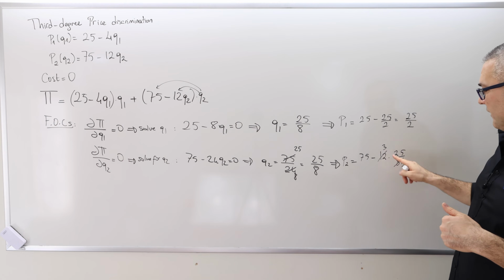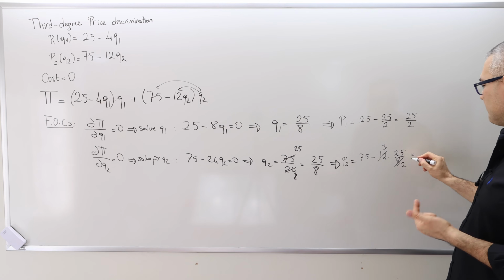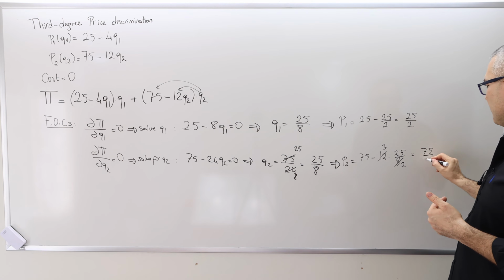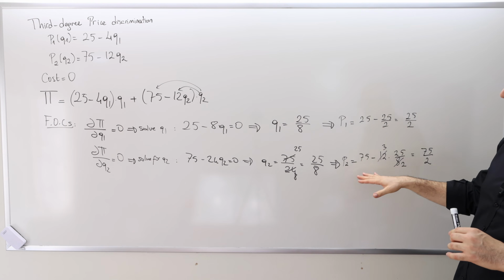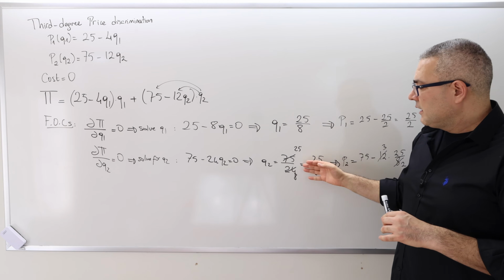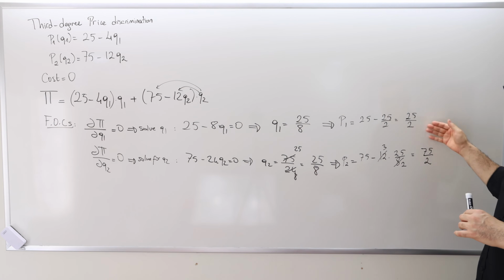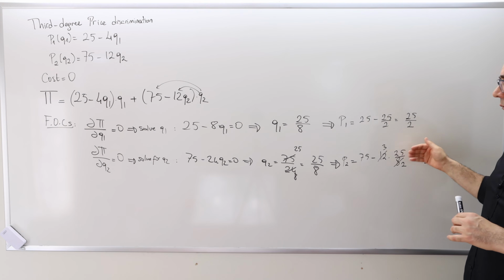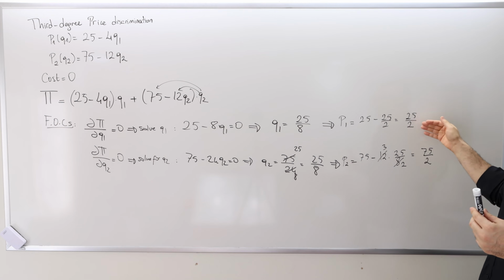So what I have is 75 over 2. I'm subtracting it from 75, so the price is 75 divided by 2. So apparently, the monopolist is going to sell the same number of quantities in both markets. However, one market price will be 3 times higher than the second market.